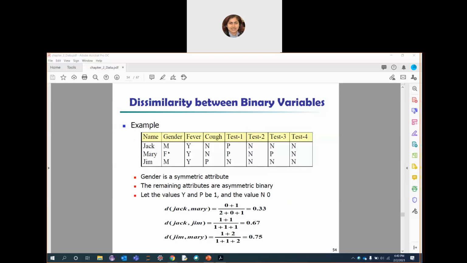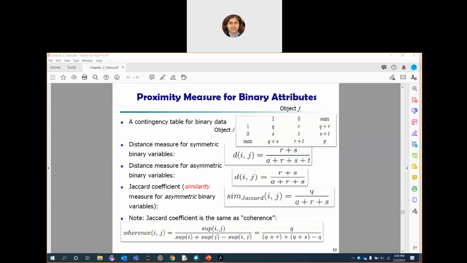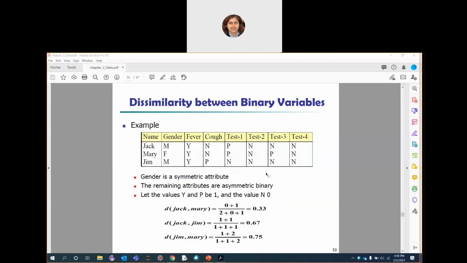Both of them are equally weighted, that is F and M. So just for the time being, keep it aside, and consider other attributes which are not symmetric. They're asymmetric. Now, for asymmetric attributes, this is the formula: R plus S divided by Q plus R plus S. We are going to apply that formula here.